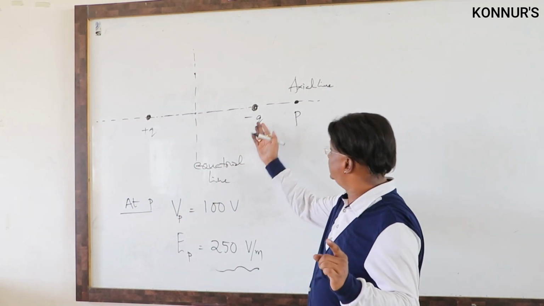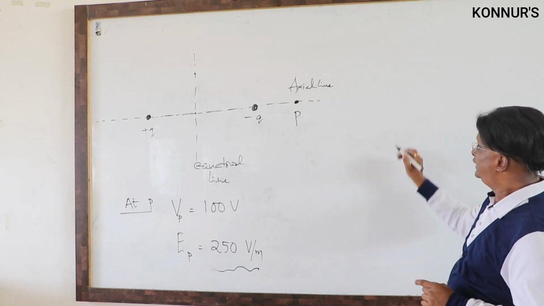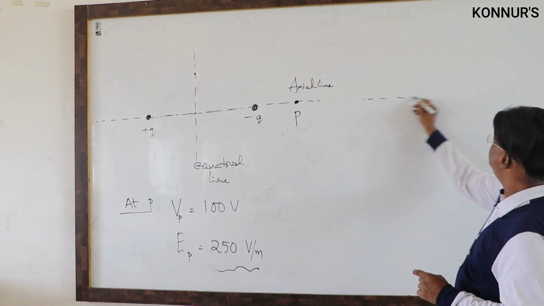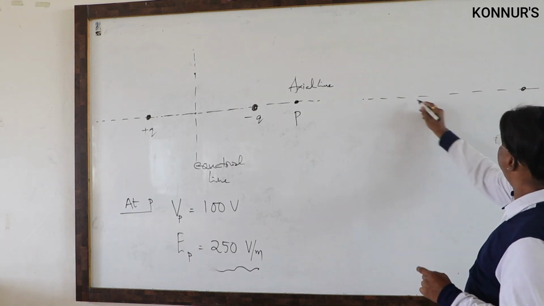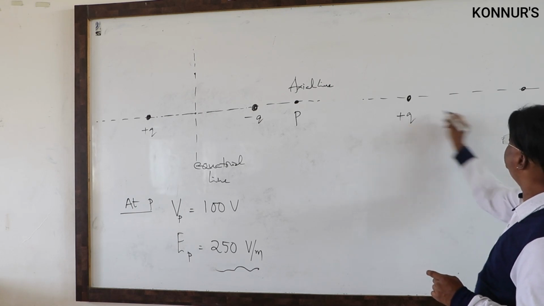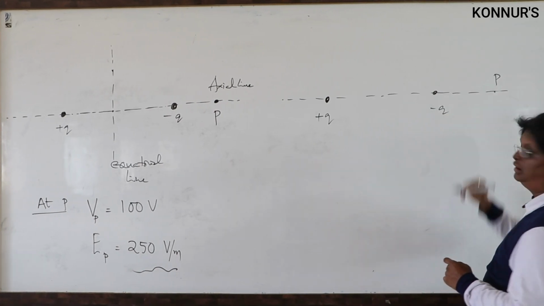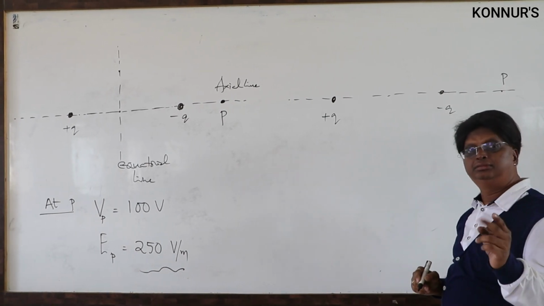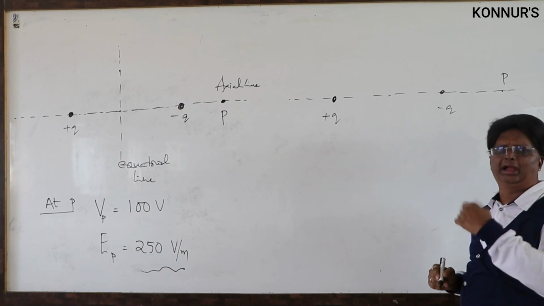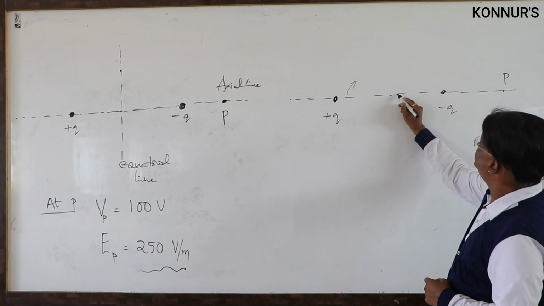Now it is the initial case. P is an axial point of a dipole. Now for this, I am doing the rotation. In fact, you also keep writing that this is the positive charge and negative charge, axial point P. Now I am turning the dipole, supposing in the clockwise direction.